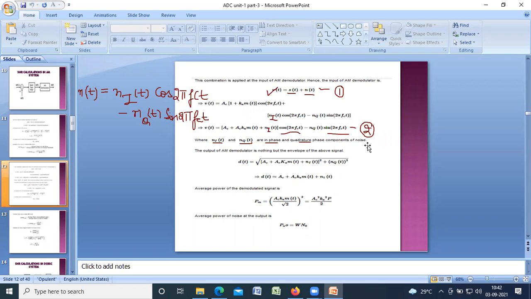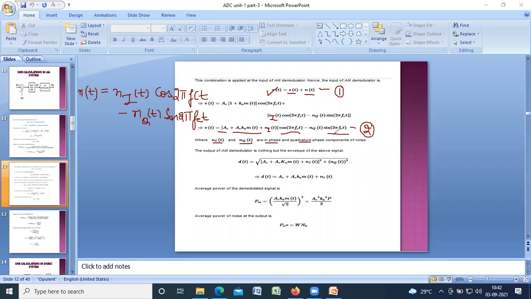Then V of t is the input applied to the AM demodulator. So we have to just extract the message signal from this equation. So here you see two types of components are there. One is the term that comes with cos, this one, and second is sin. And you already know how to take the mod or magnitude of this equation.